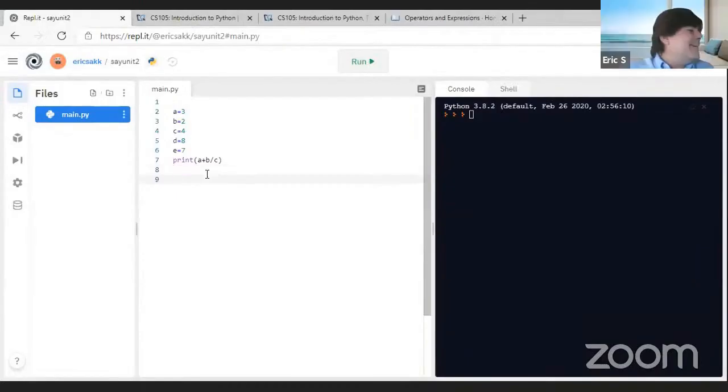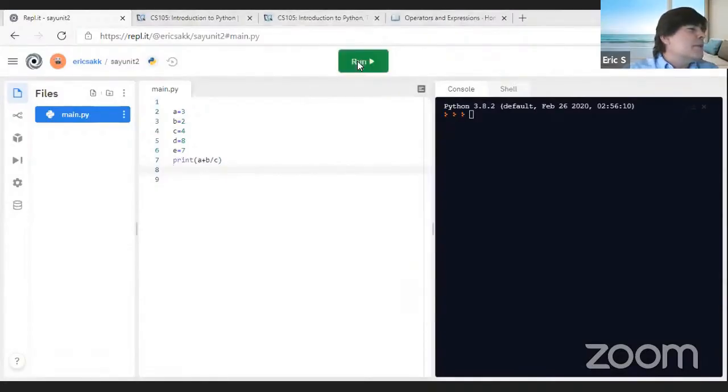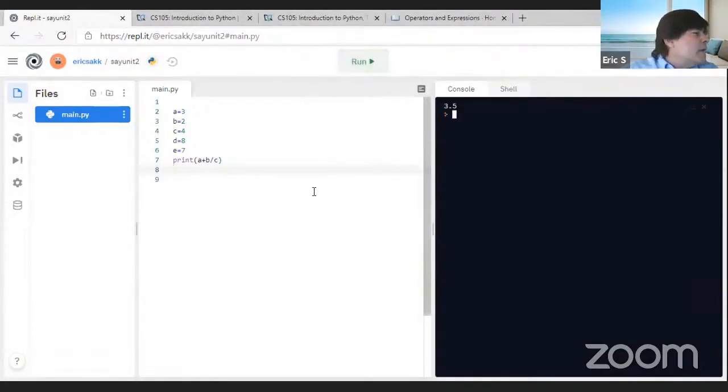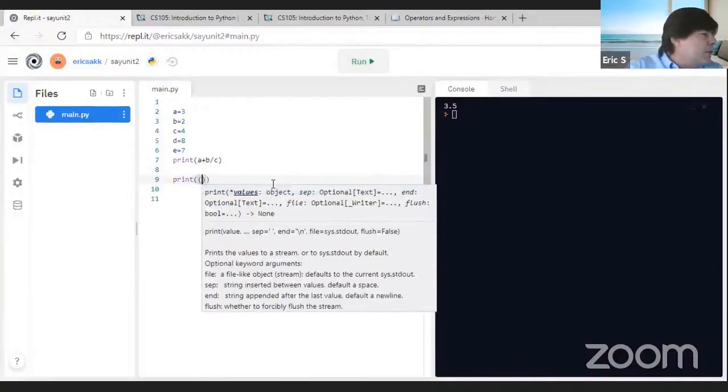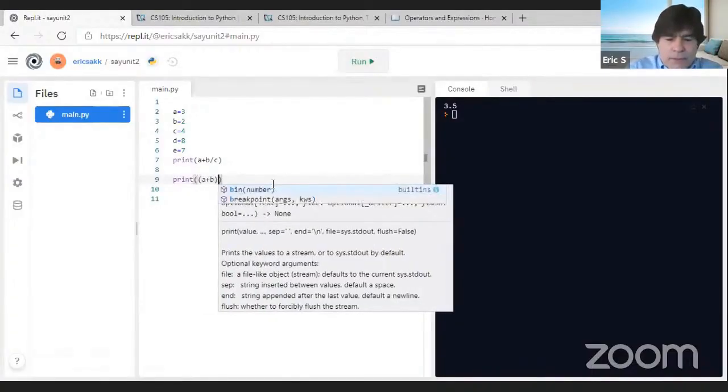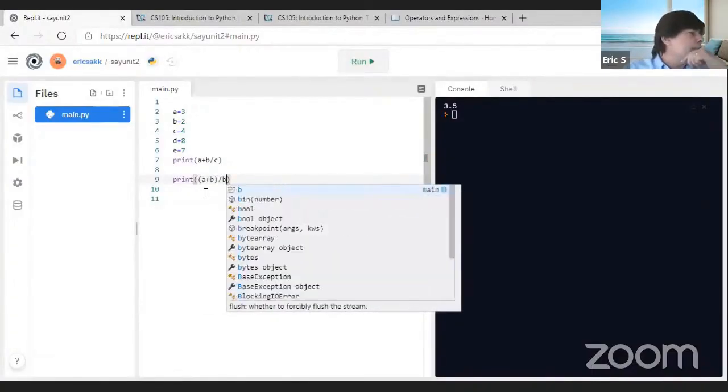Yep, back there. Okay, so b divided by c is performed first, and then the a is added second. So if we go ahead and run this, then we should see the number 3.5. And if that isn't what you wanted to do, maybe you wanted to add the numbers a plus b first. If you want to do that, then you've got to put parentheses in there to do the addition first, right?